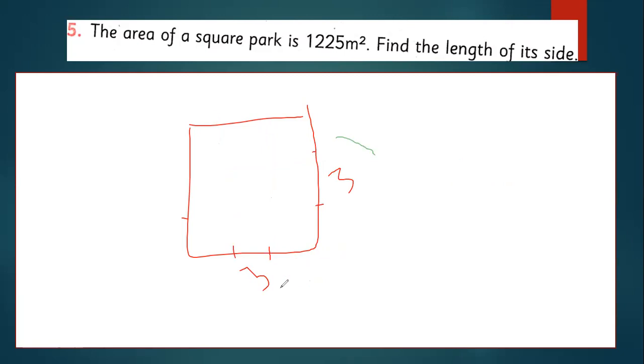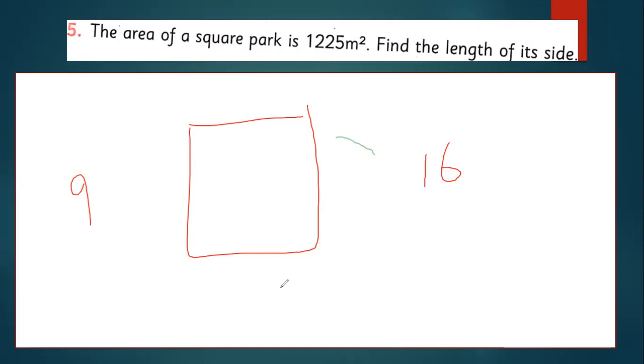If suppose you are not given the length of the sides, you are given just the area. Suppose the area is 16. So each and every side will be how much? Just like in the previous question, 4 4s are 16.